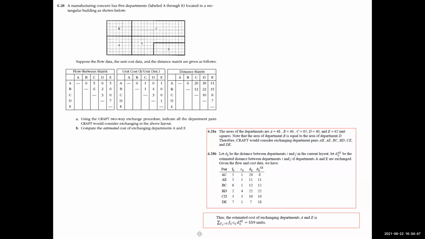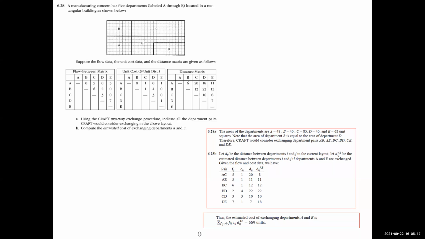Okay, so the first thing you have to look at is there are 2 things that we can consider when selecting possible pairwise exchanges. First, if they share a wall, you can consider that as a possible exchange. The other thing is, if they have the same area, they don't have to be located next to each other. If they have the same area, they can be considered as possible exchanges.